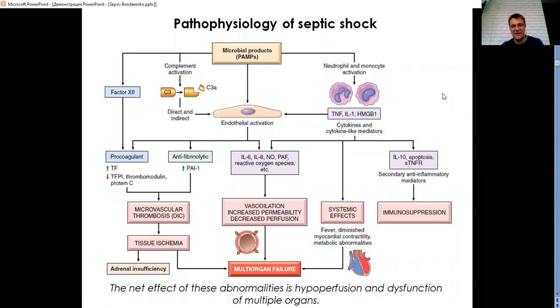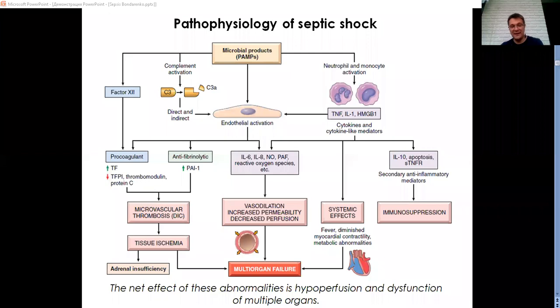The first line of defense, neutrophil and monocyte activation, endothelial activation, and triggering of the coagulation system, finally leads to the second wave of the effects with the microvascular thrombosis, vasodilation, different other systemic effects like fever, diminished myocardial contractility, metabolic abnormalities, immunosuppression, tissue ischemia, adrenal insufficiency, and finally multi-organ failure.